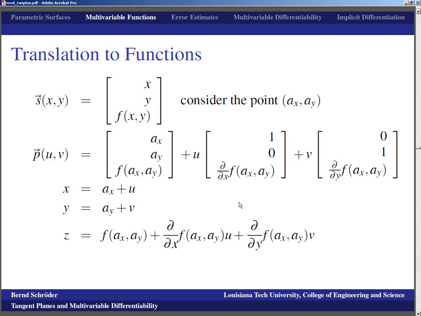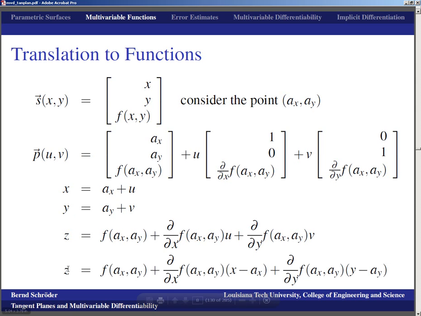Well, that's almost where we want to be, but we don't want to have z in terms of u and v. We want to have z in terms of x and y, and that's, of course, easily done because u is x minus ax, and v is equal to y minus ay.